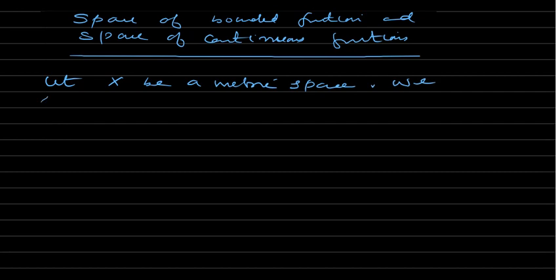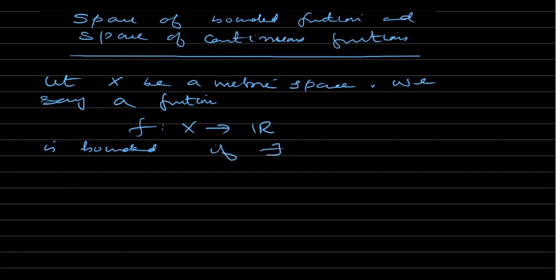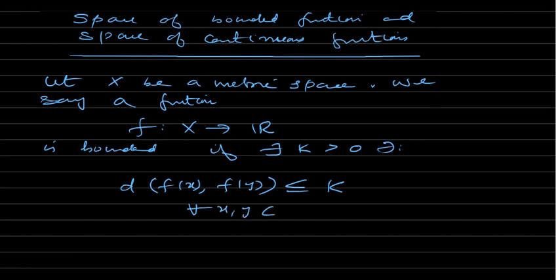We say a function f from X to R, where R is the real line, is bounded if there exists some K positive such that the distance between f(x) and f(y) is less than or equal to K, for each x and y in capital X. So that's the definition of bounded function here.